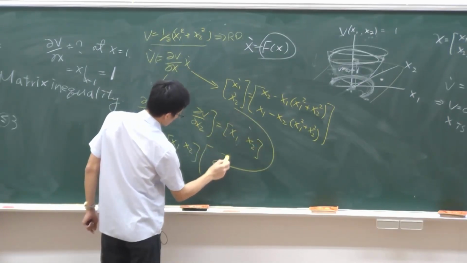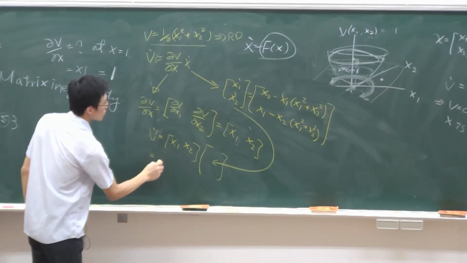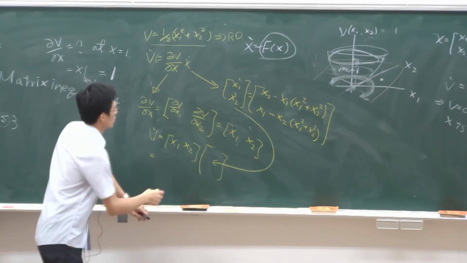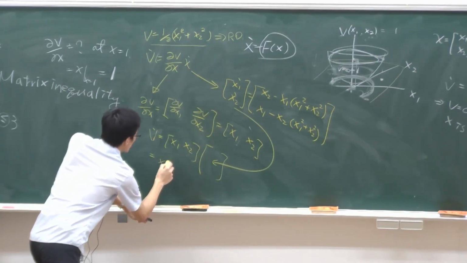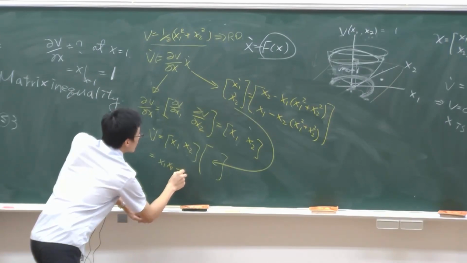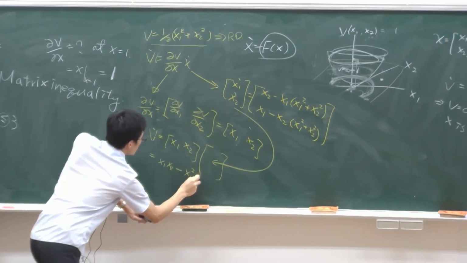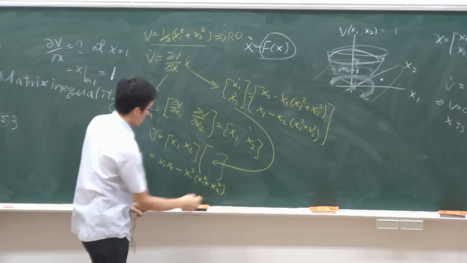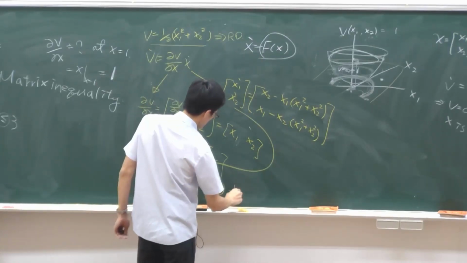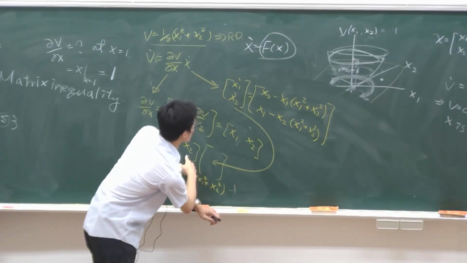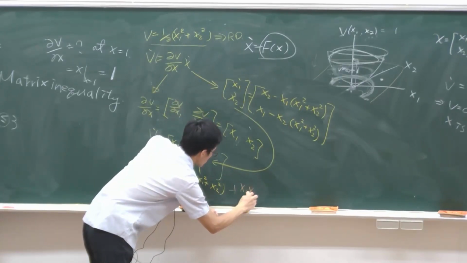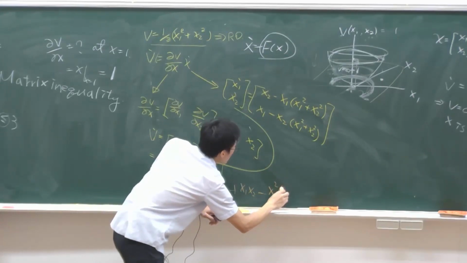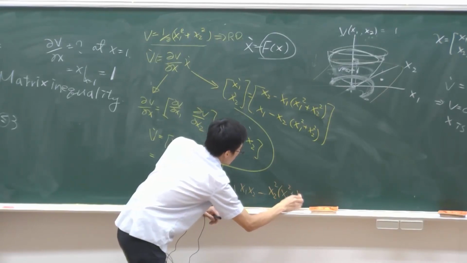What will that be? It will be x1, x2 minus x1 squared, plus the second part, x2, x1, x2 minus x2 squared, x1 squared.